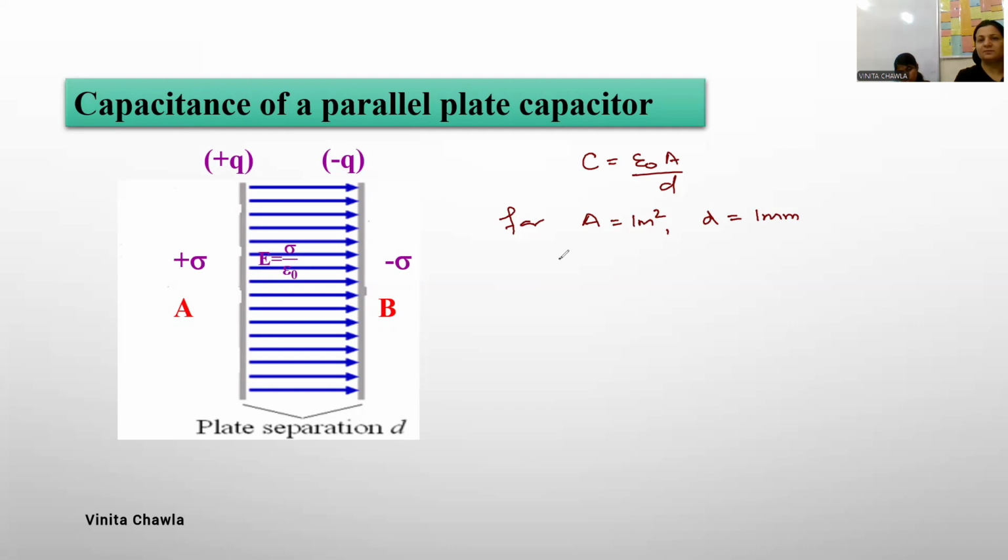What is the value of epsilon naught? 8.85 times 10 to the power minus 12. Area is 1 and distance between the plates is 1 millimeter, which is 10 to the power minus 3. So capacitance will be 8.85 into 10 raised to the power minus 9 farad.